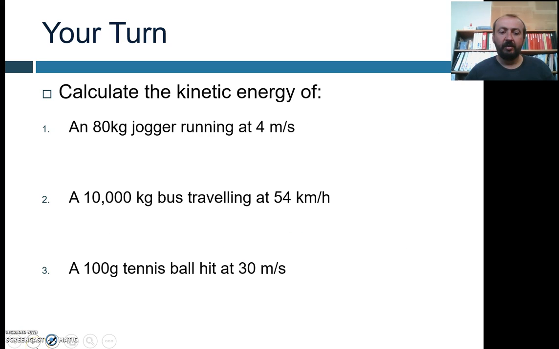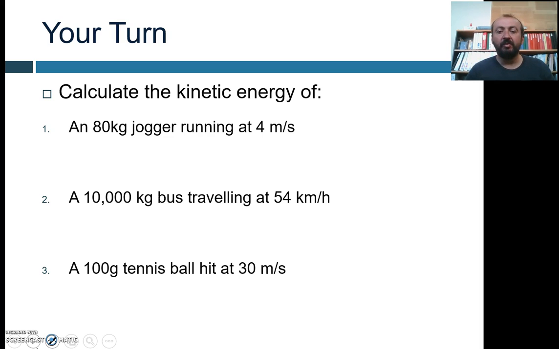Okay, now it's your turn to do some calculations. We're going to calculate for these three questions: an 80 kilogram jogger running at 4 meters per second, we want to see his kinetic energy; a 10,000 kilogram bus traveling at 54 kilometers per hour; and a 100 gram tennis ball hit at 30 meters per second, which is pretty fast.